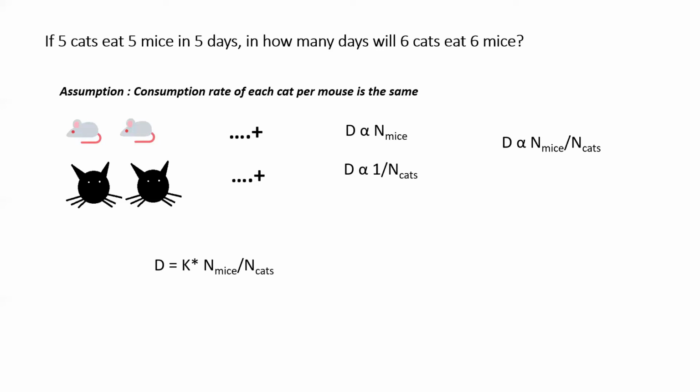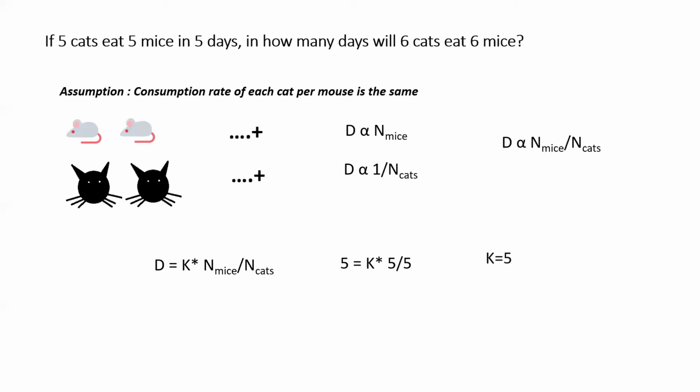K is our proportionality constant, D is the number of days, N mice is the number of mice, and N cats is the number of cats. Now we can find out what the value of K is, because we know that when D is equal to 5, N mice is equal to 5, and N cats is equal to 5.